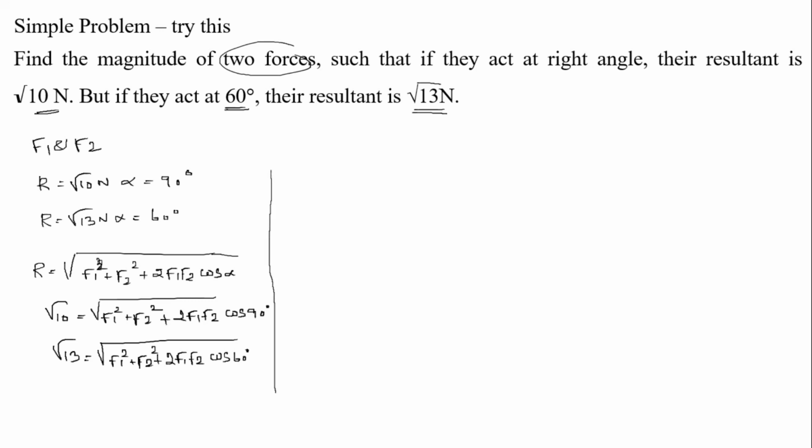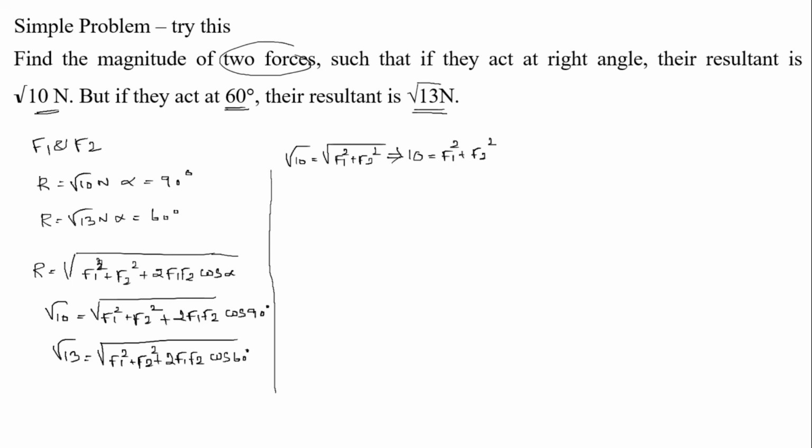Now cos 90, which is equal to 0, so root 10, which is equal to root of F1 square plus F2 squared, so which is equal to 10, it implies 10, which is equal to F1 squared plus F2 squared, right.